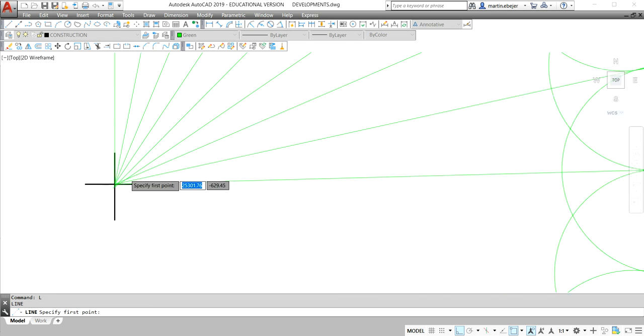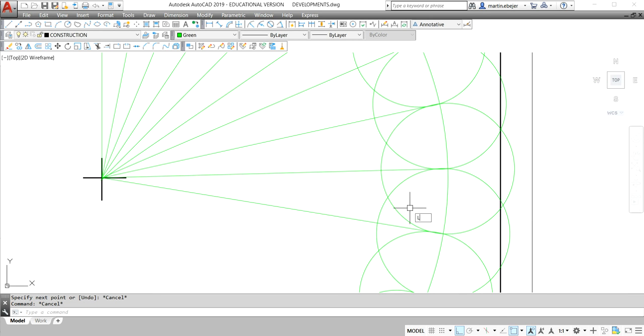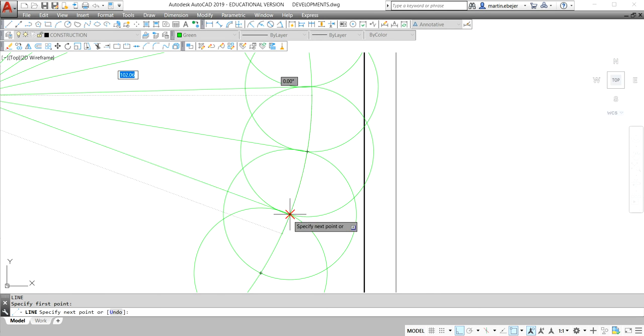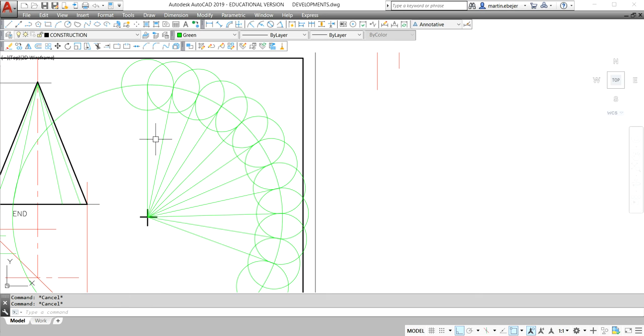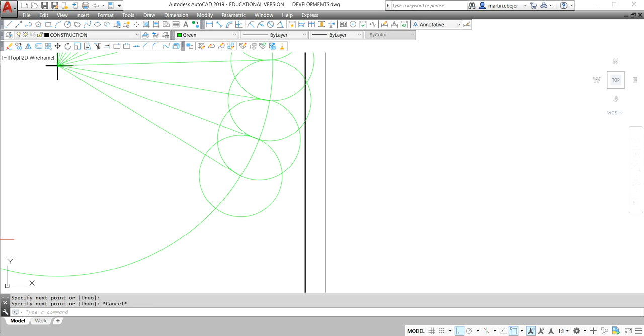Always count the spaces, not the lines, as with the lines you get confused. So here we have 1, 2, 3, 4, 5, 6, 7, 8, 9, 10, 11, 12. Perfect. I'm gonna remove the circles.